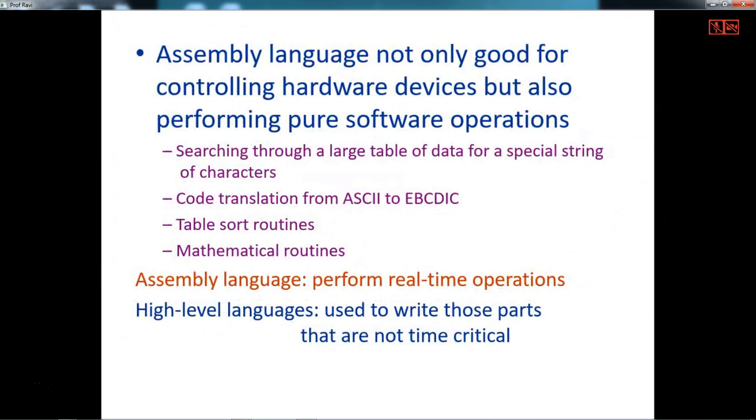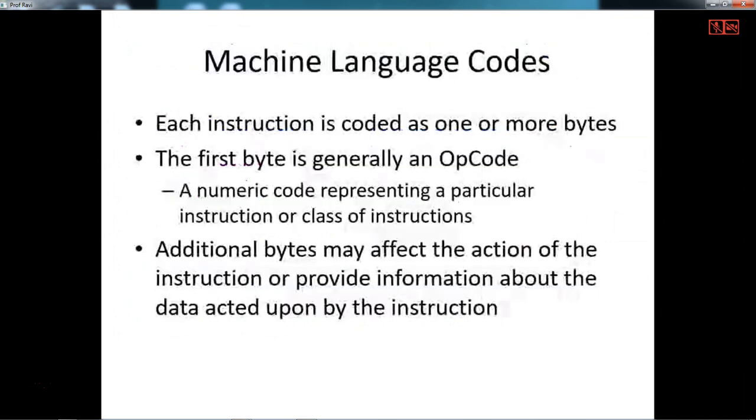Assembly language is not only good for controlling hardware devices, but also for performing pure software operations, like searching through a large table of data for a special string of characters, code translation from ASCII to EBCDIC codes, table sort routines, and mathematical routines are easy. Assembly language programs perform real-time operations. A high-level language is used to write those parts that are not time critical. So there you can use high-level language programs.